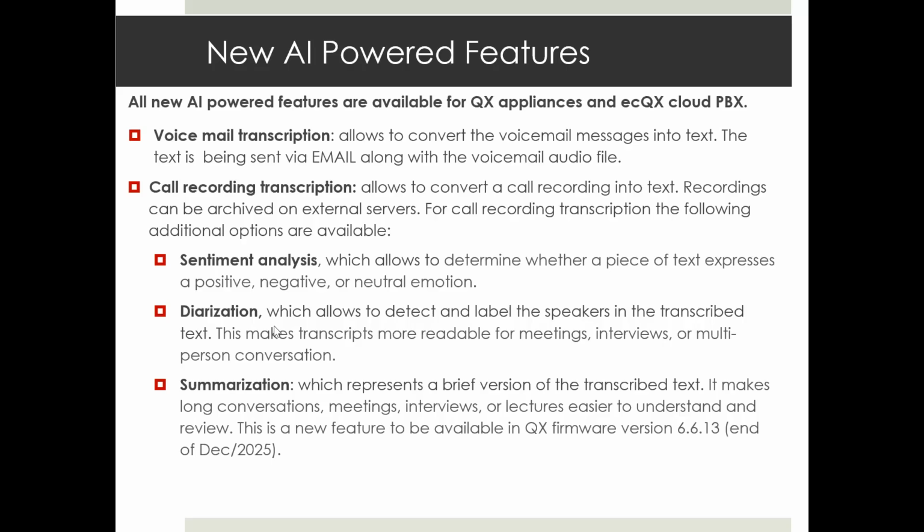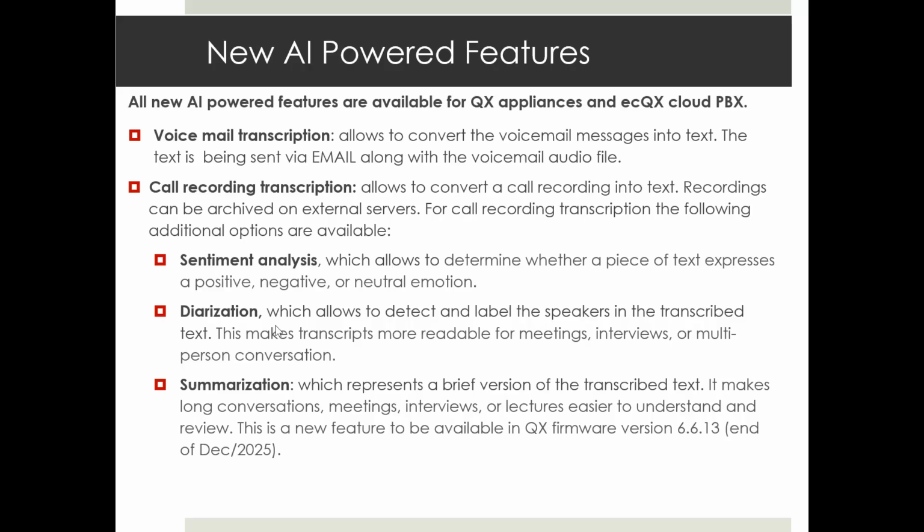You also have some additional options with the call recording, where it could do sentiment analysis, which is used to determine whether a piece of text expresses a positive, negative, or neutral emotion. You can add diarization, which labels the speakers in the transcribed text, making it easier to read for meetings, interviews and multi-people conversations.